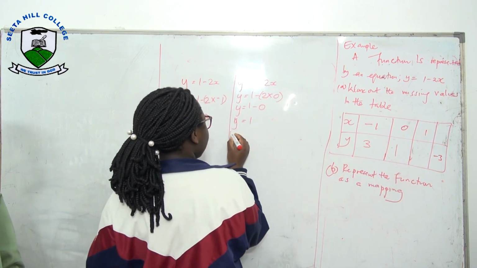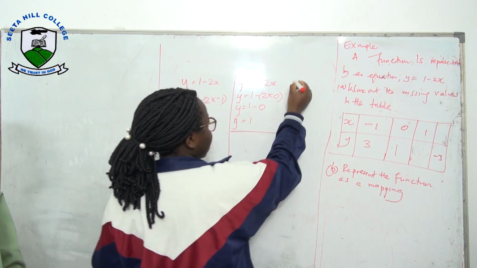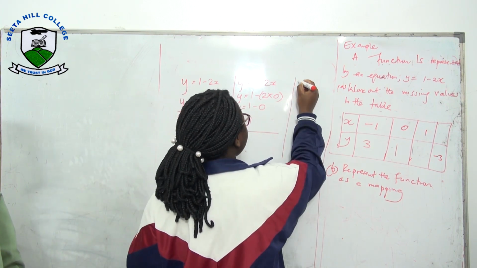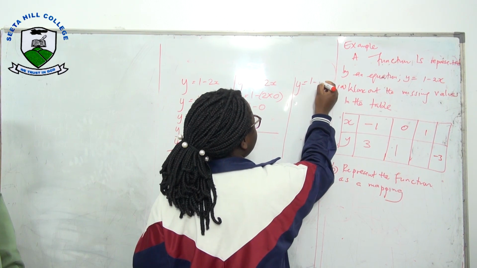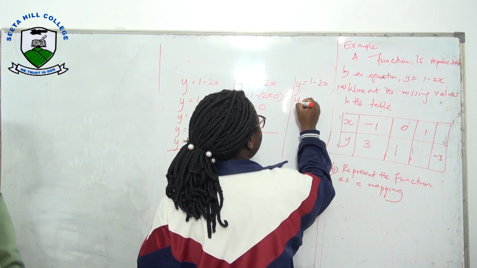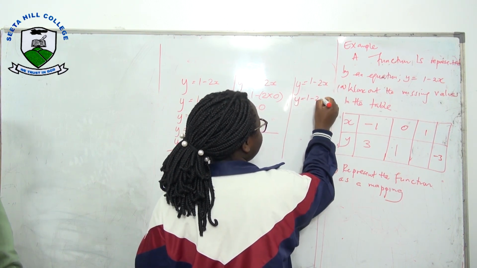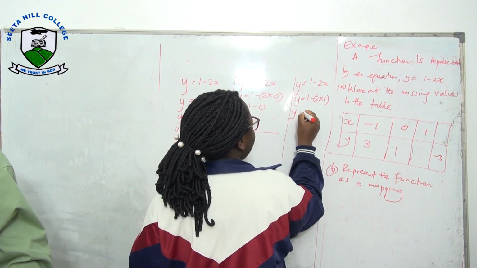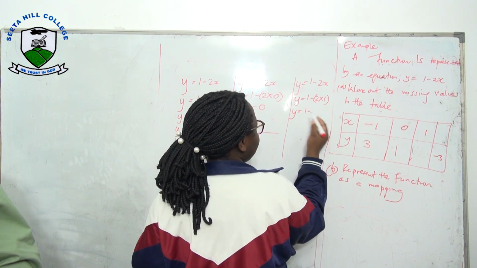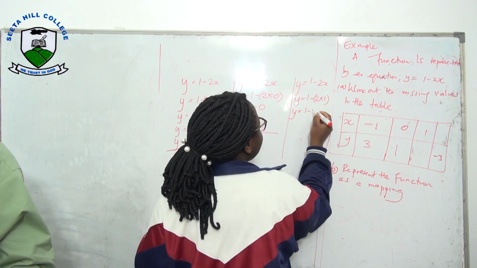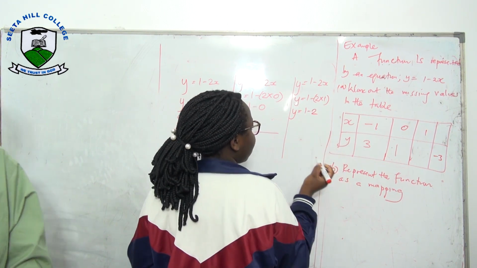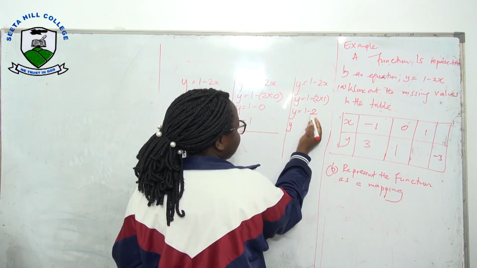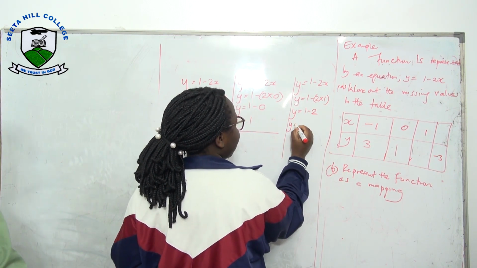For the next one, we are still missing y. So y is equal to 1 minus 2 times 1 for the x. 2 times 1 gives you 2, so it will give us -1.